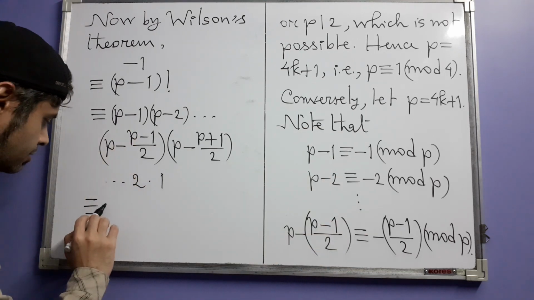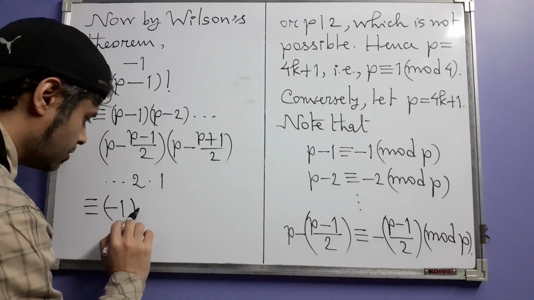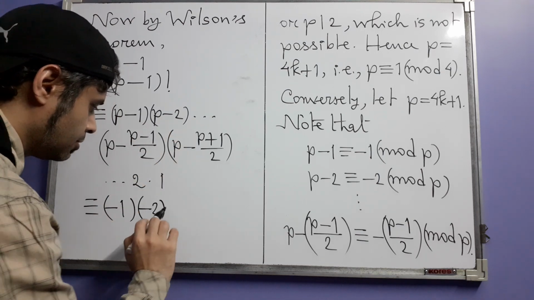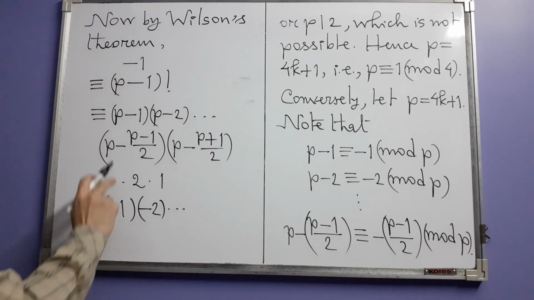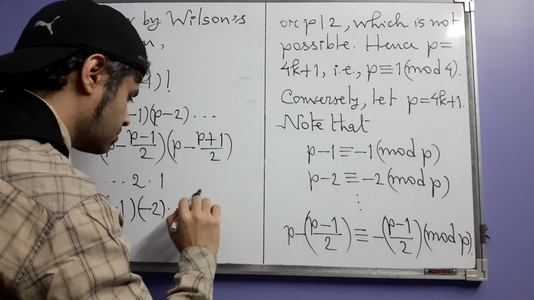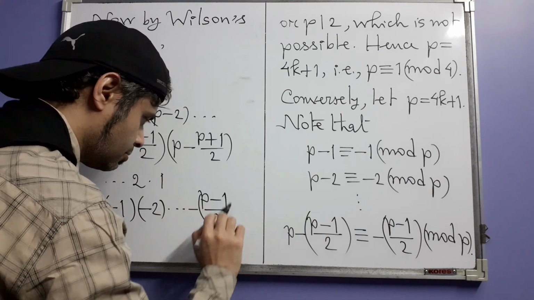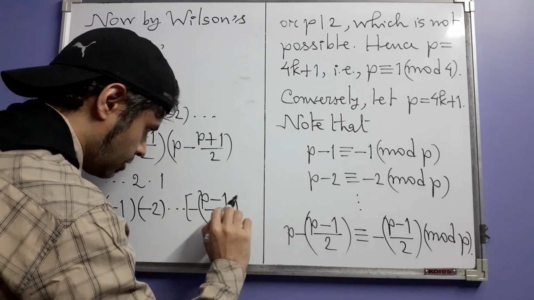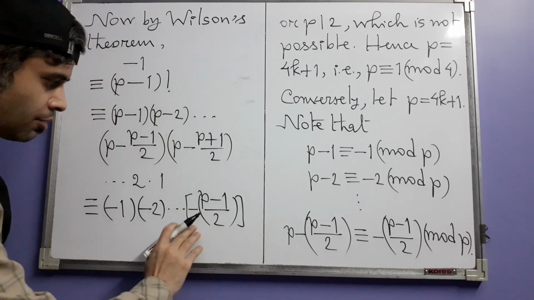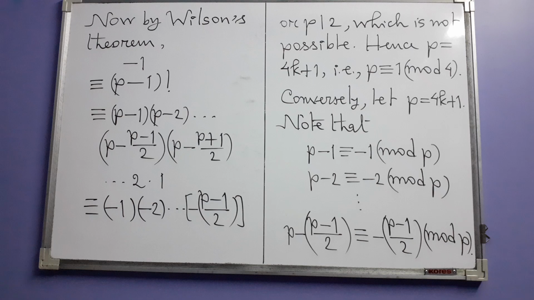For example, in place of this first one you will write minus 1, in place of this you will write minus 2, and like that it goes. In place of this you would write minus p minus 1 divided by 2. In order to really be sure of what we are writing, I am using extra sets of brackets.